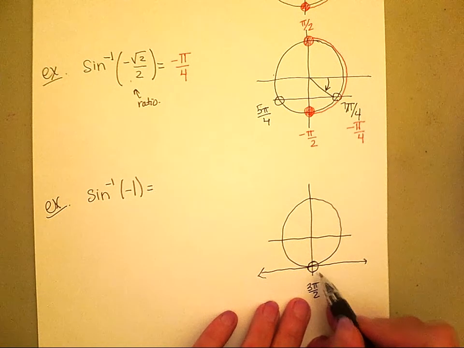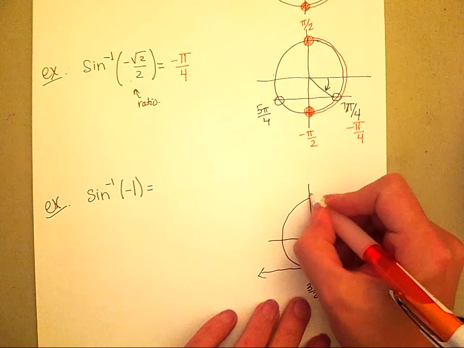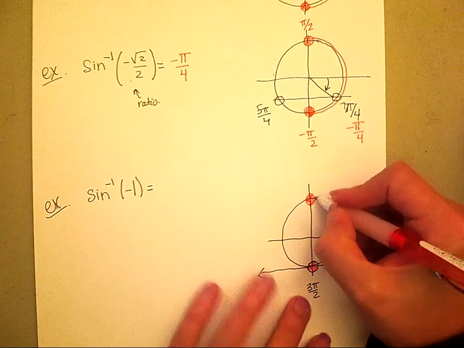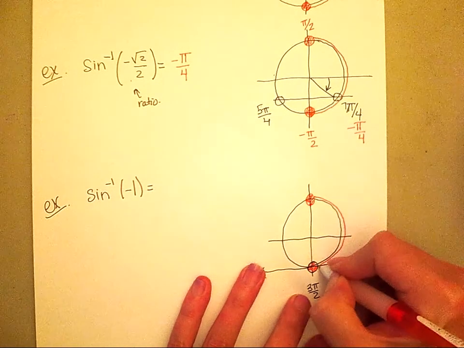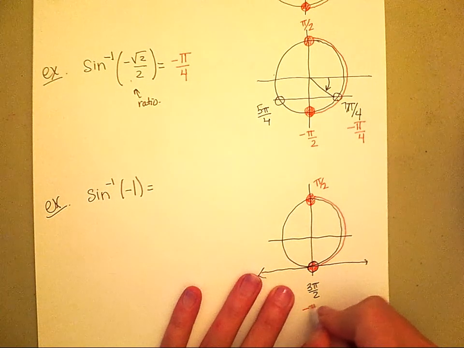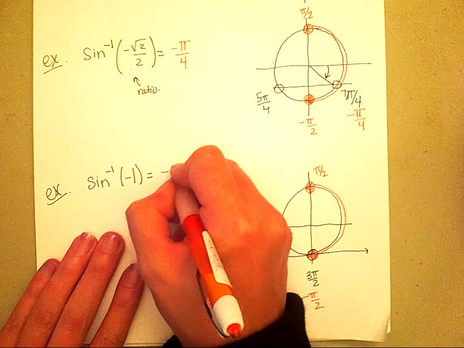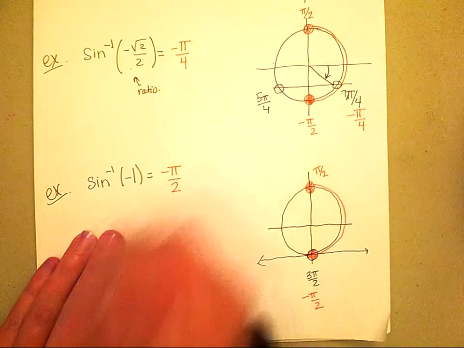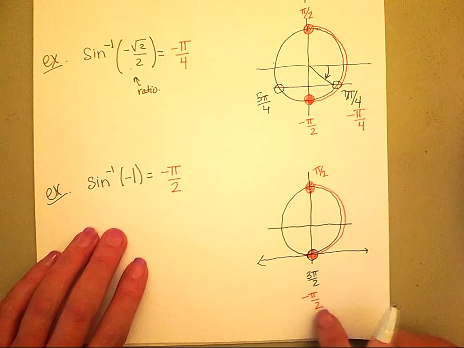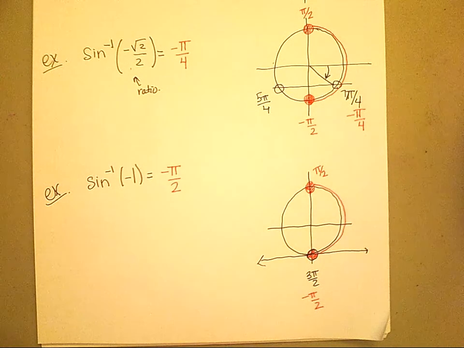We know 3 pi over 2 is where this occurs. But again, let's think about the restrictions here. In the restrictions, this is pi over 2, and this is negative pi over 2. So what our inverse sine returns is negative pi over 2, not 3 pi over 2, because it is outside the range of negative pi over 2 to pi over 2.